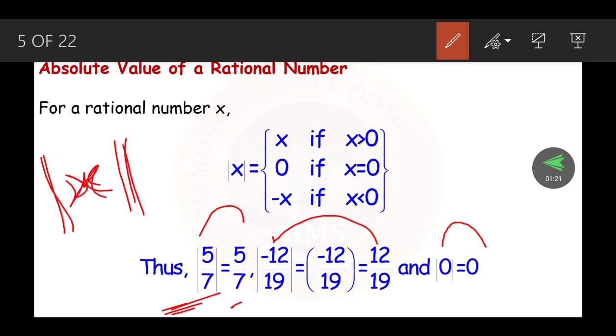We may have minus x or plus x or anything, but its value is always non-negative, like 5 by 7, 12 by 9, 0. Its value is always non-negative. Okay, that is one thing. So next.